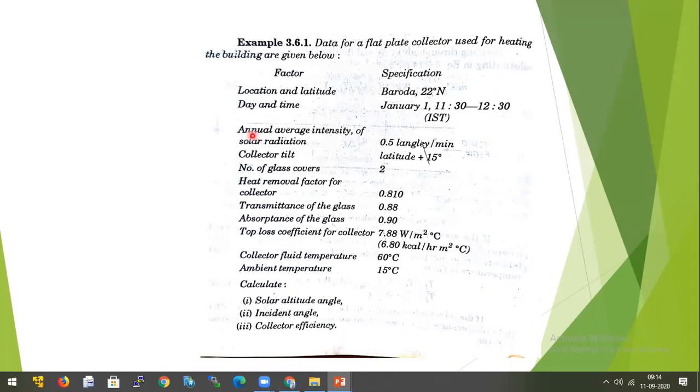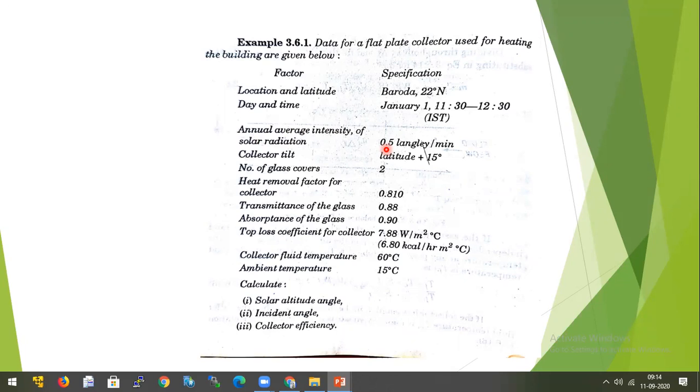Next, the third one is the annual average intensity of solar radiation, which is 0.5 Langleys. After this, Langleys should be converted into other forms; in the problem, we will convert that.